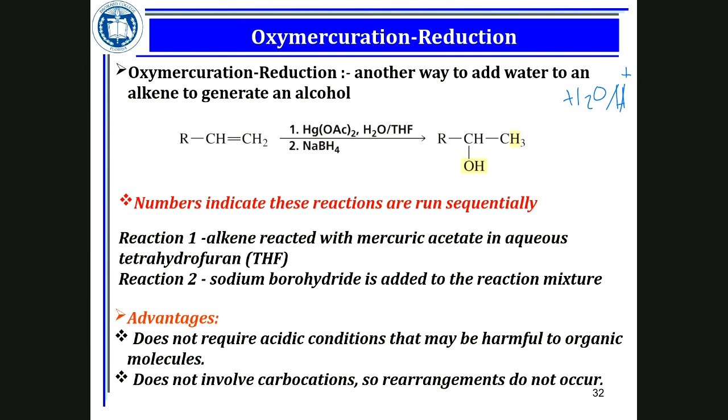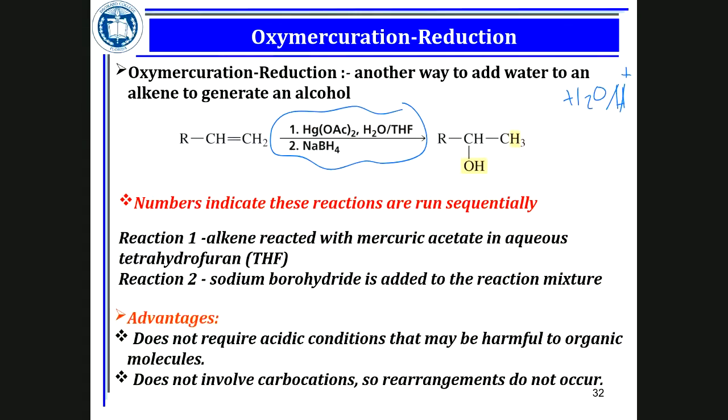One of those indirect hydrations is oxymercuration, demercuration. Oxymercuration is one step of the reaction, and then in the next step you're going to replace the mercury with hydrogen, or reduction. So we call it demercuration or the reduction step of the reaction.